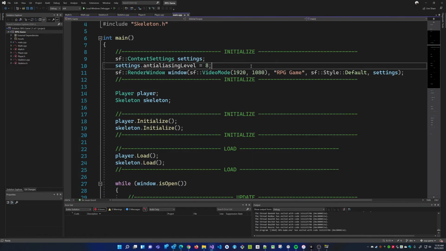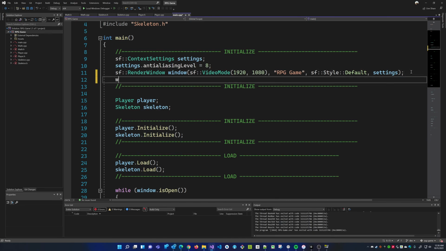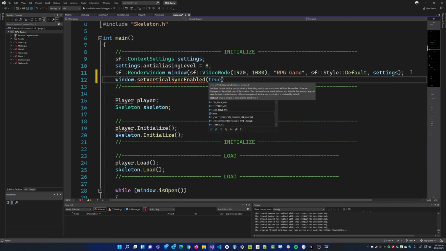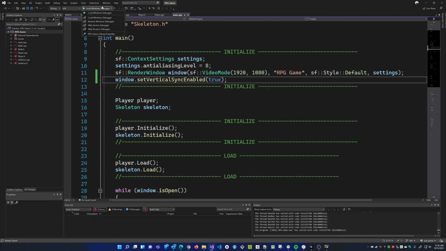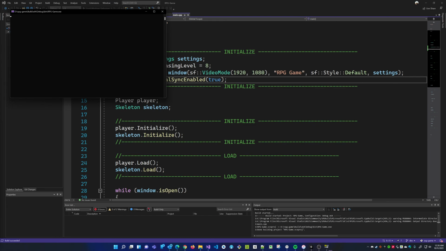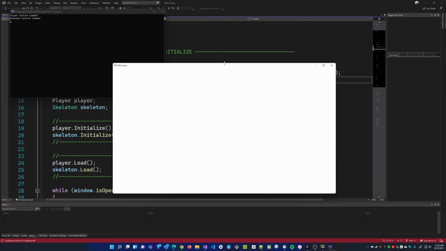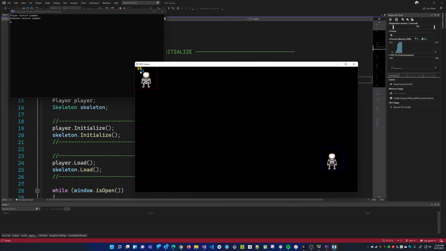The way I do that is by saying window dot set vertical sync enabled to true. And so when I do that, you'll see that my frame rate is now locked to 60 because my monitor refresh is 60.